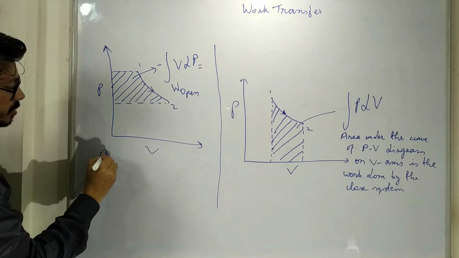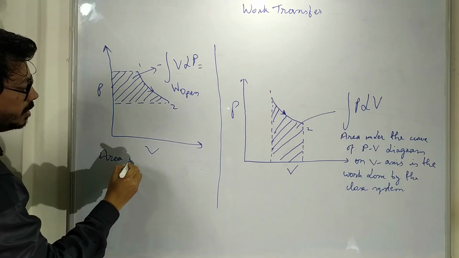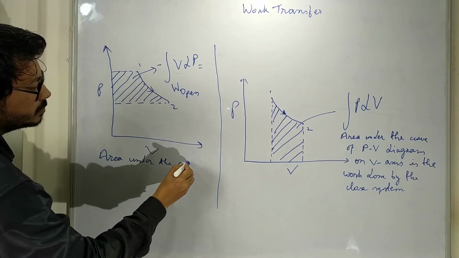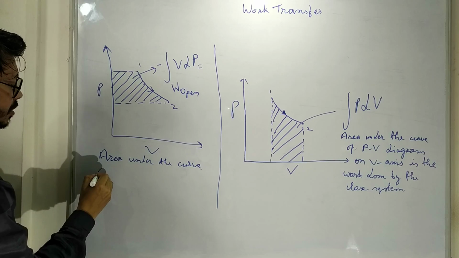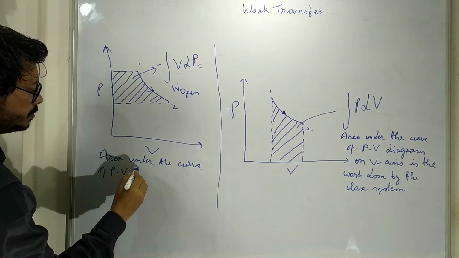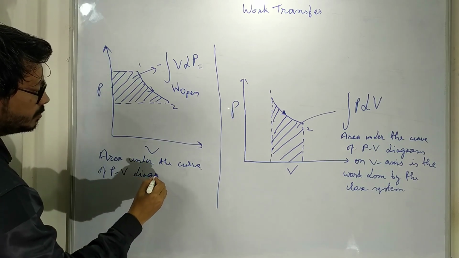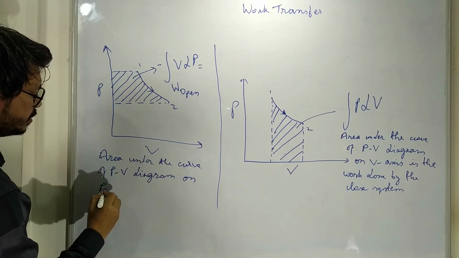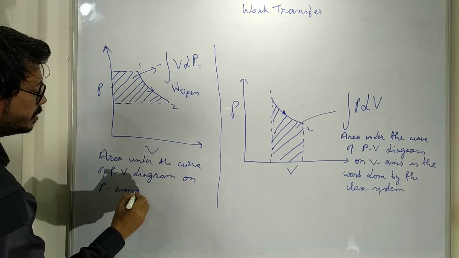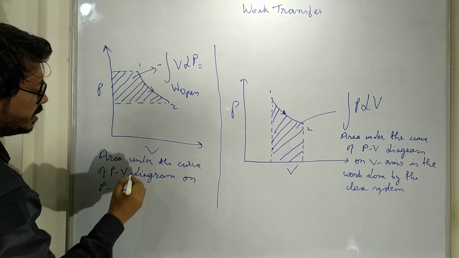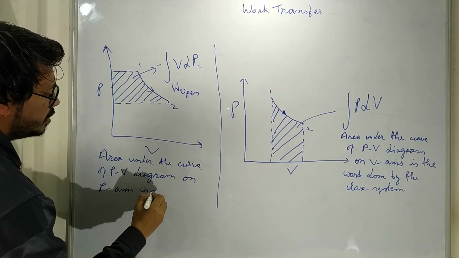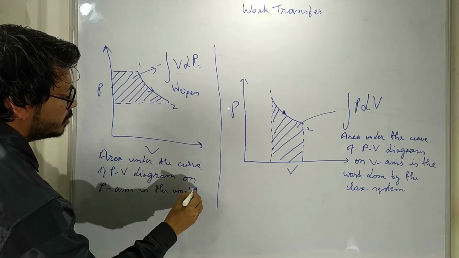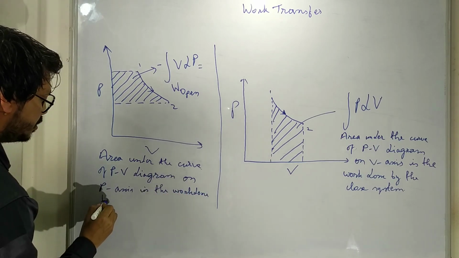So area under the curve of PV diagram on P axis with negative sign is the work done by open system.